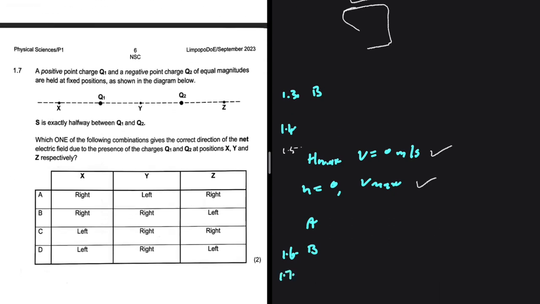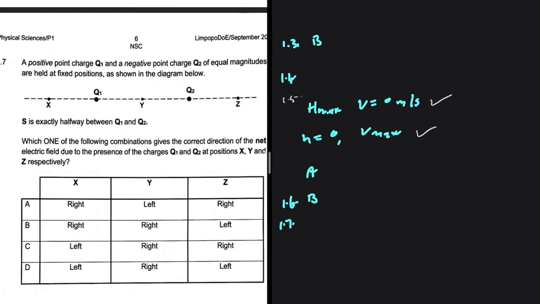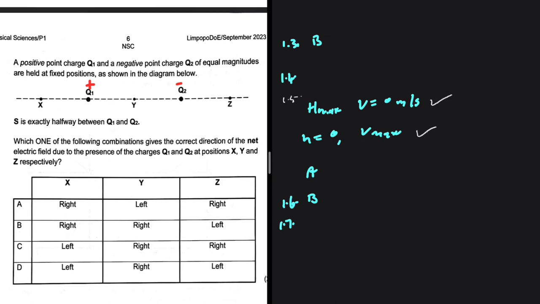1.7. A positive point charge Q1 and a negative point charge Q2 of equal magnitudes are held at fixed positions, as shown in the diagram below. So Q1 is positive and Q2 is negative. I need to put that there so that I don't forget. S is exactly halfway between Q1 and Q2.